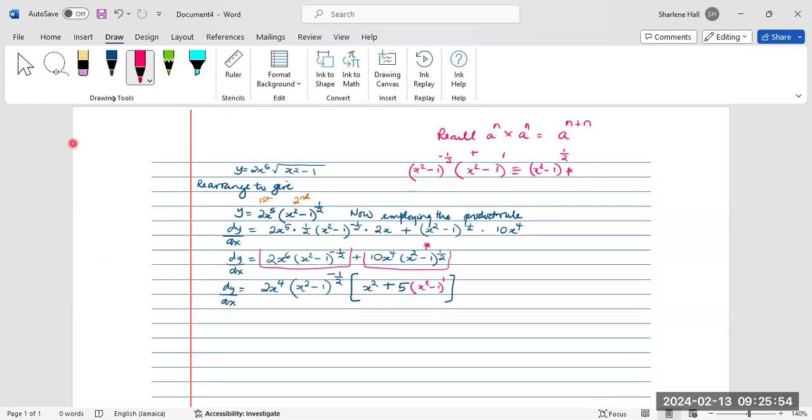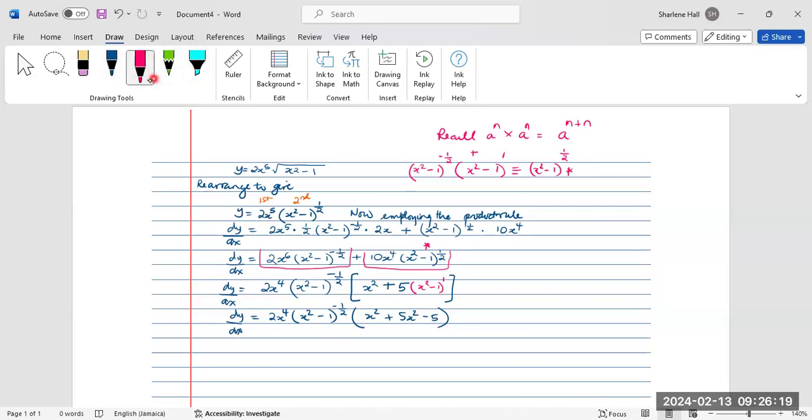So what I'm going to have now for the rest of the question, are you following me? Yes, sir. So we have x squared minus 1 to the negative half times x squared plus 5x squared minus 5. Am I allowed to do this multiplication like that?